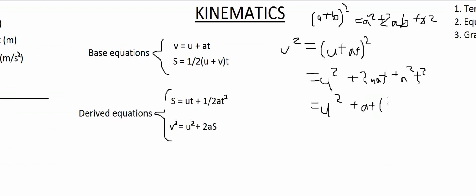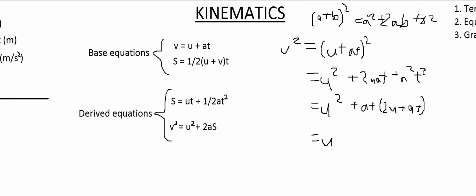You factorize the last two terms: at times (2u plus at). You will notice that this 2u plus at is also your u plus v, because v equals u plus at.